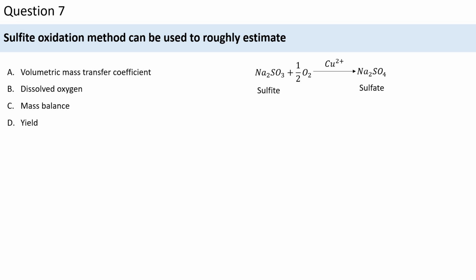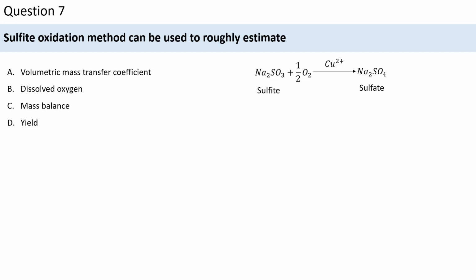Based on how much conversion has happened from sulfite to sulfate, you can understand the performance. For example, you have done the experiment at 200 rpm, 300 rpm, 400 rpm. At 200 rpm, see how much conversion has happened and compare it with 400 rpm. At a certain rpm and air flow rate, you would have gotten a very good conversion, for example 90%.